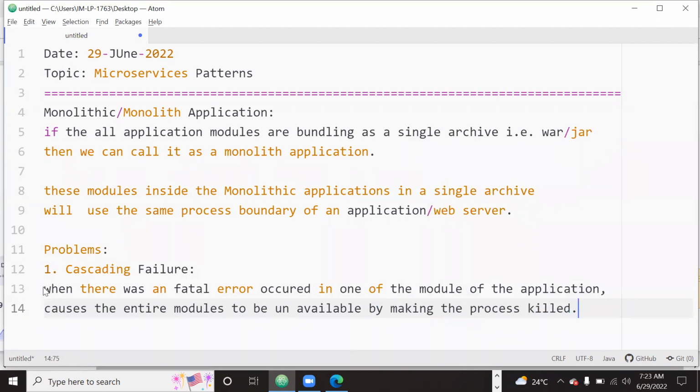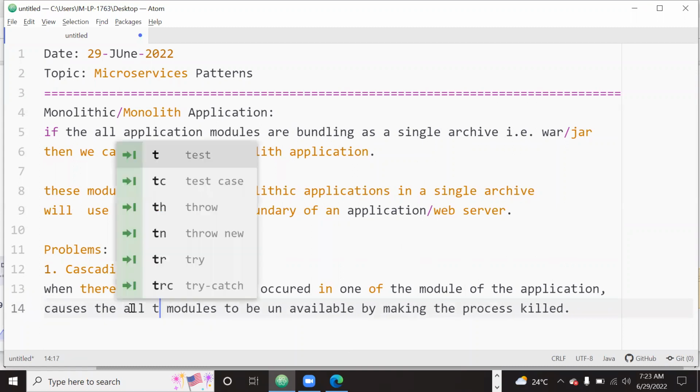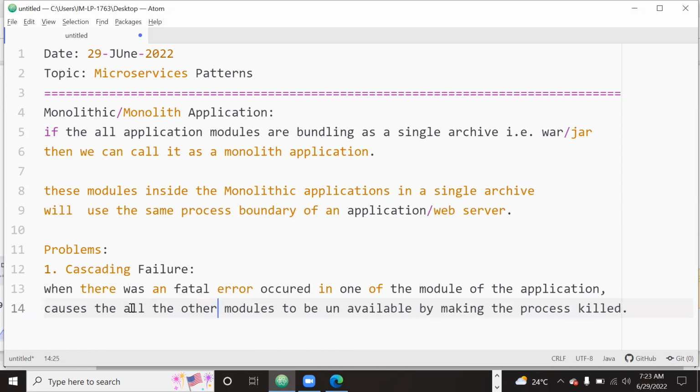Got my point, right? When a fatal error occurred in one of the modules of the application, it causes all the other modules also to be unavailable.